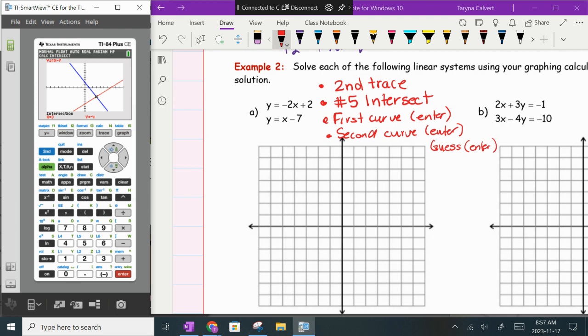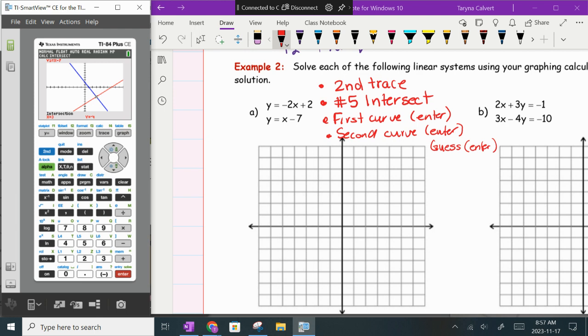Anybody not get that on their calculator or their app? Yeah, Arda? So you're going to calc intersection. So you just hit that. Hit enter.